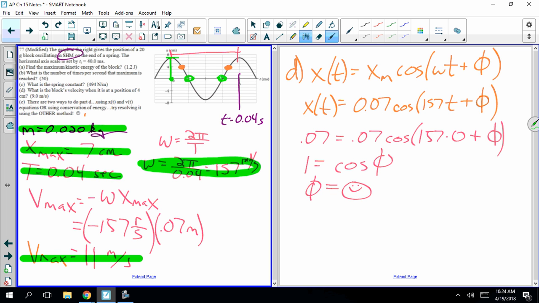So at time 0, you happen to be at the max. Follow? We could have picked this time, 0.01 seconds, and made x of t 0. Good? All right, is everybody good?